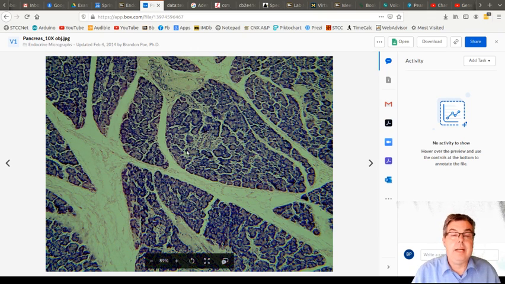So again, staining quality is just about the lighter staining islets, which are releasing endocrine hormones, and the darker staining tissue that's releasing digestive enzymes. Now, this is all glandular tissue. This is all making protein-based things, whether it's enzymes or hormones.